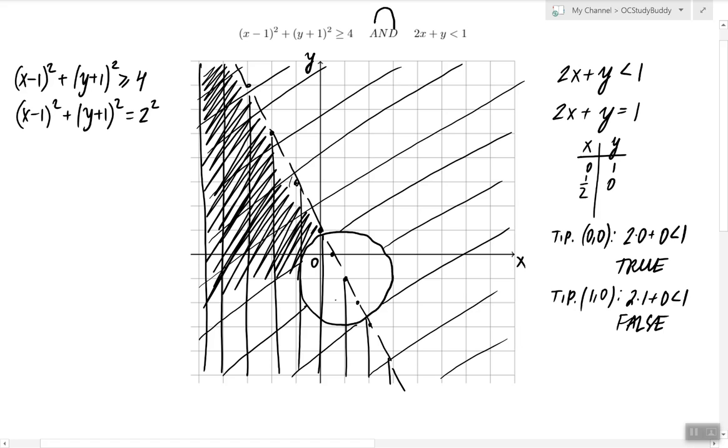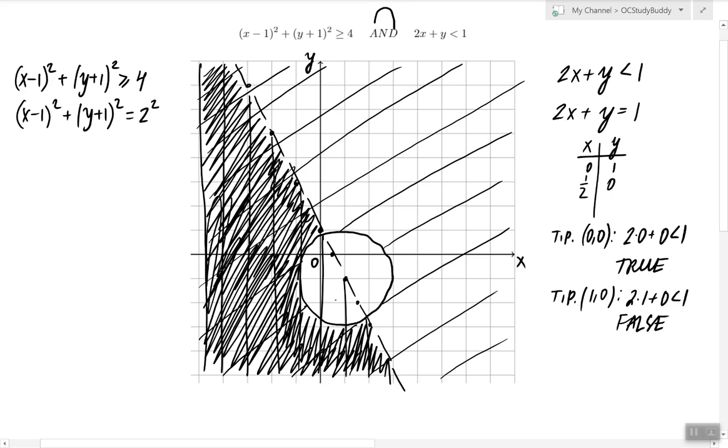It's below the line, but it is outside the circle. So this shaded region is the solution of the given compound inequality. So this is where both of them are true.